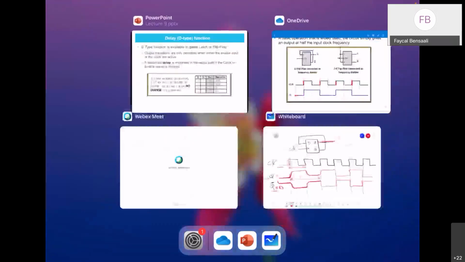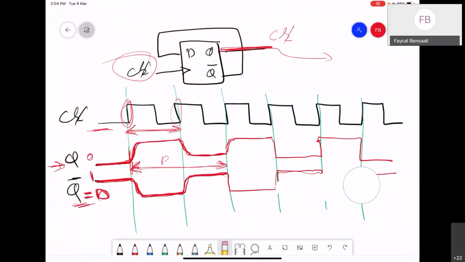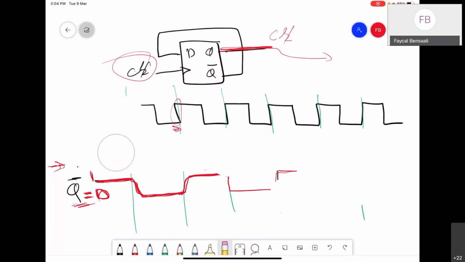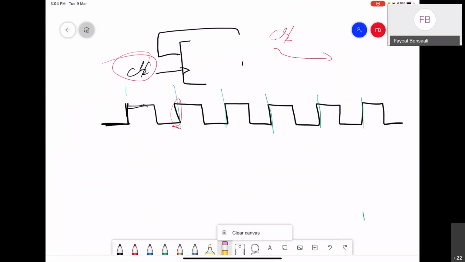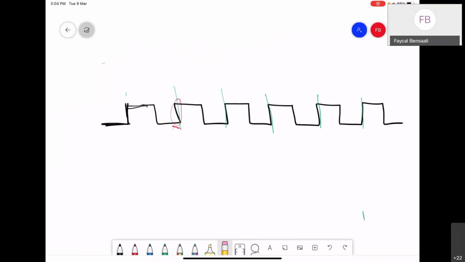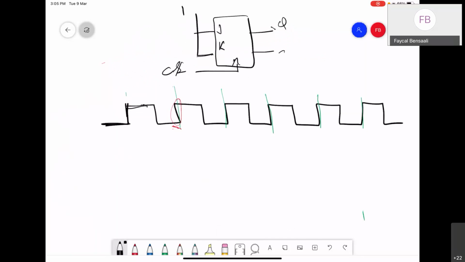So if I repeat what I did here with a JK flip-flop, we'll have J and K connected to 1, then the clock CLK, and then we will have Q and Q bar.